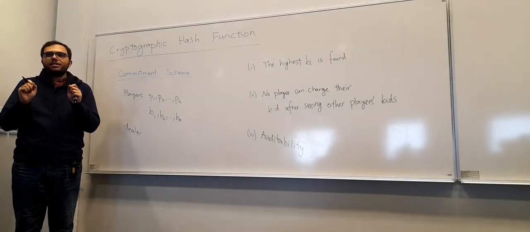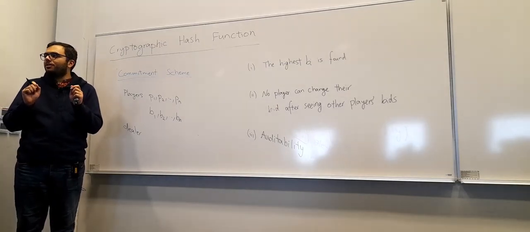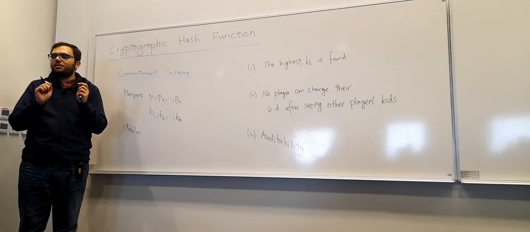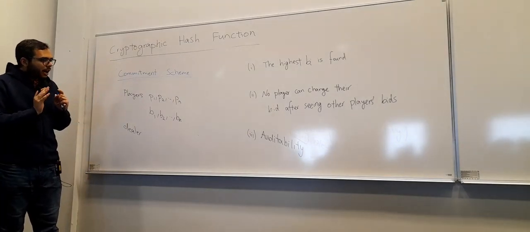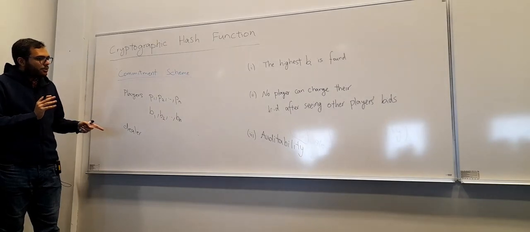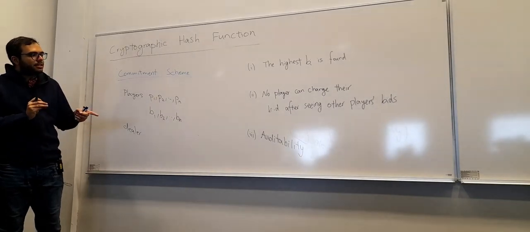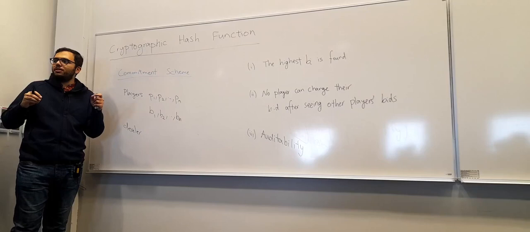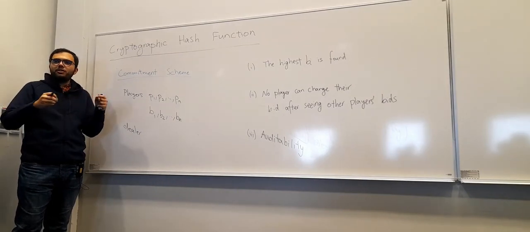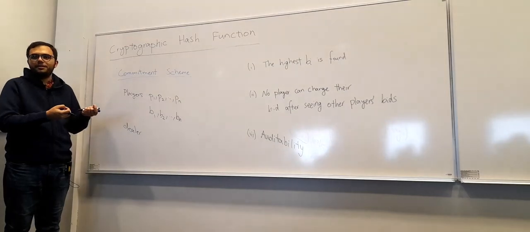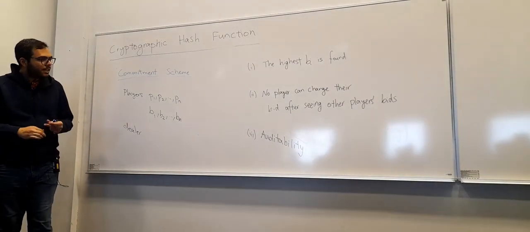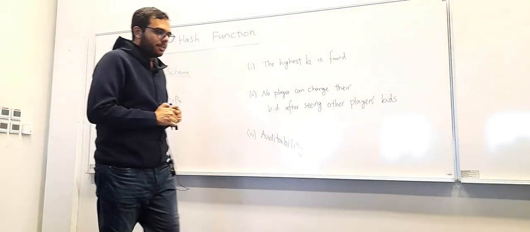So the dealer cannot just make up some values or discard some values and change the actual bids that were there. So I want something similar here. I want to make sure that every player can just follow the protocol, and just by following the protocol, make sure that everything was done correctly. Okay. So these are the three properties I like.